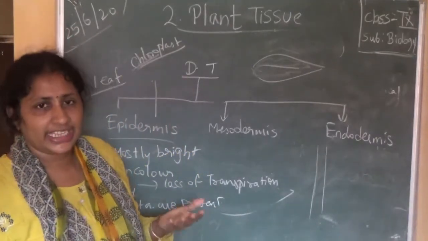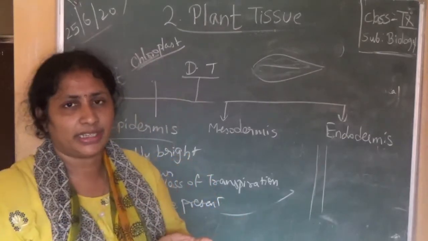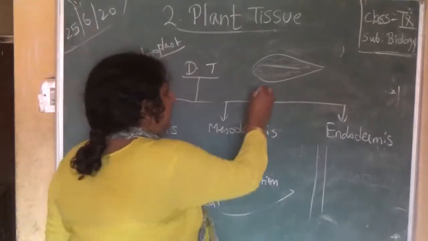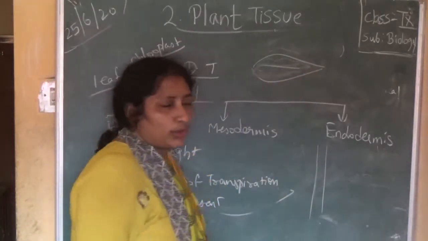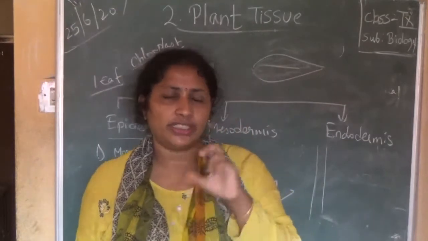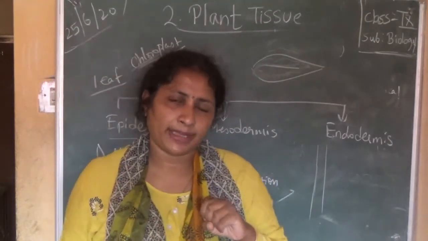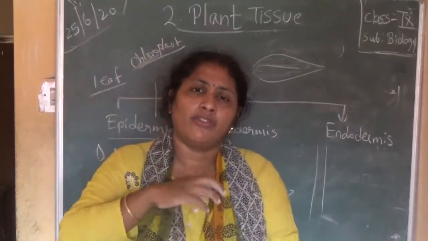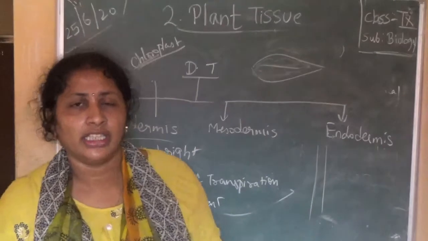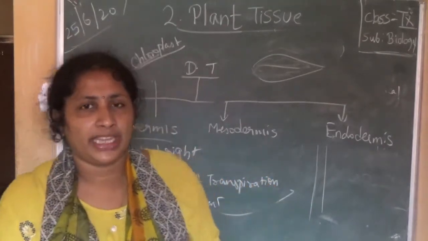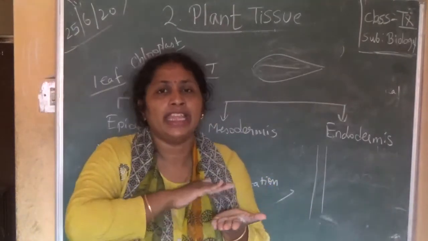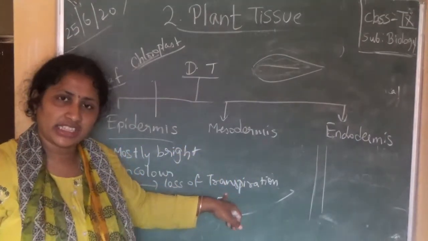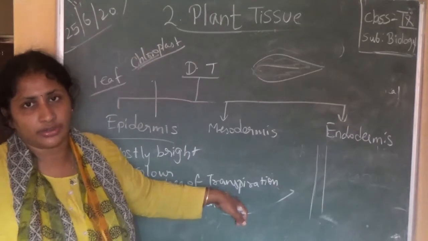It is like a layer. Why is it like that? Because the leaf has leaf pores, and it takes water for preparing the food. Through these pores the water will evaporate due to sunlight. So to prevent that evaporation, the leaves are covered by a shiny material. That is loss of transpiration. Transpiration is nothing but water loss due to evaporation.